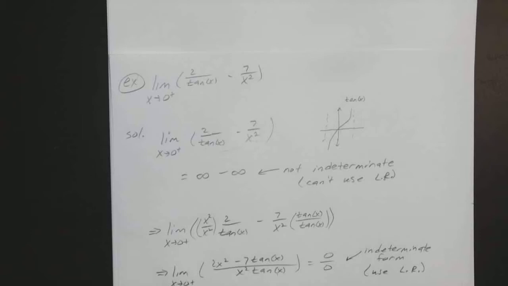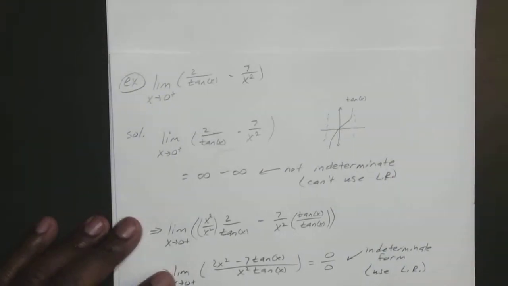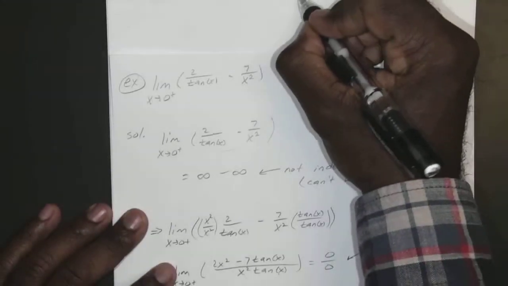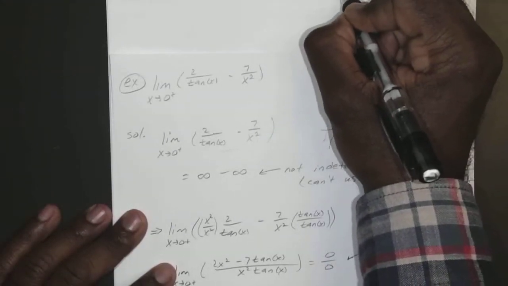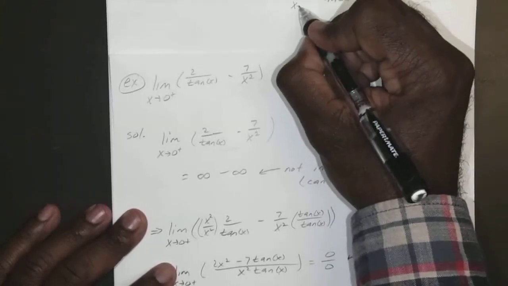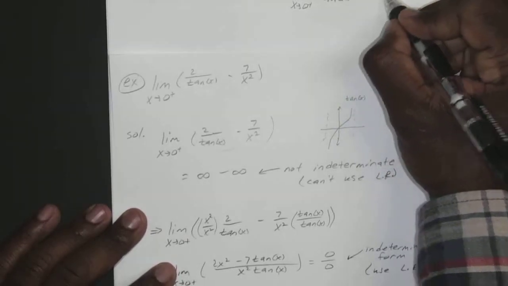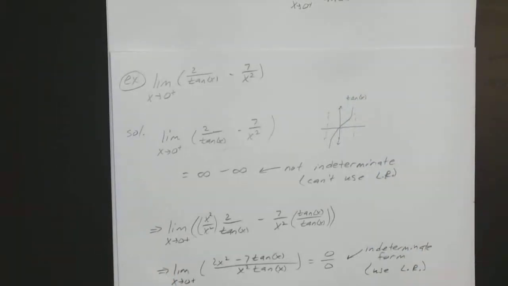So if we plugged in 0, that would give us 2 over 0, which wouldn't be indeterminate. So the limit of 2 cosine of x over sine of x as x approaches 0 from the right would just be 2 times 1 over 0. So that one still wouldn't work. But sometimes little things like that will work.